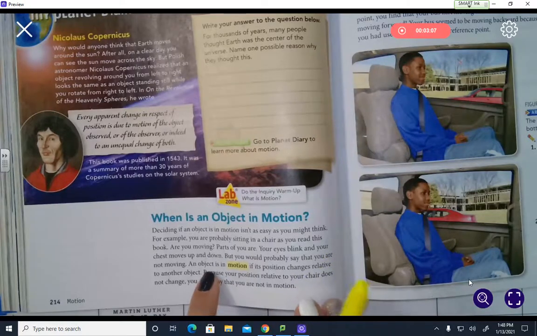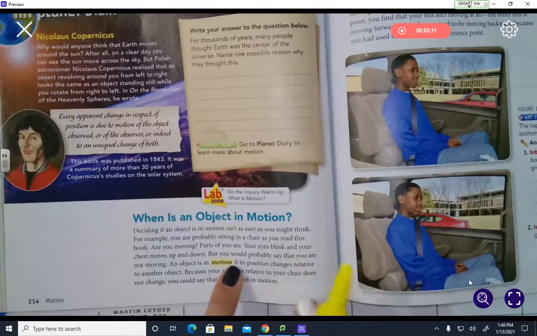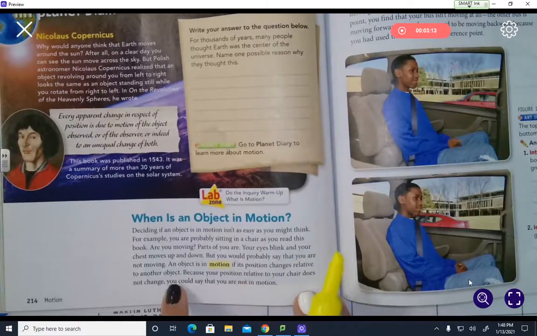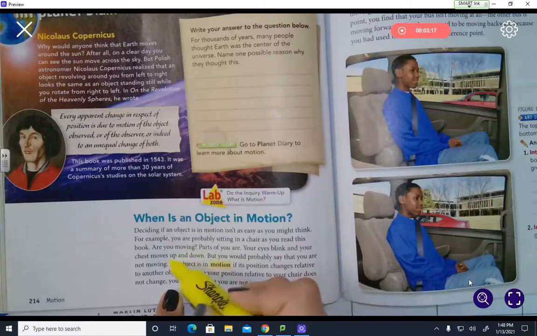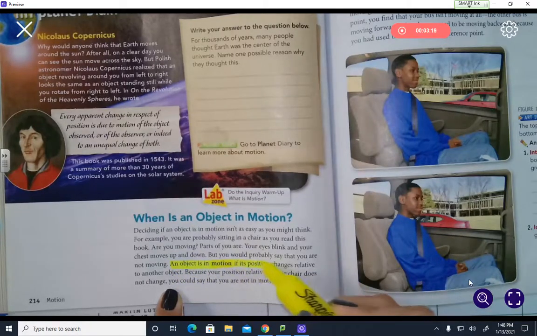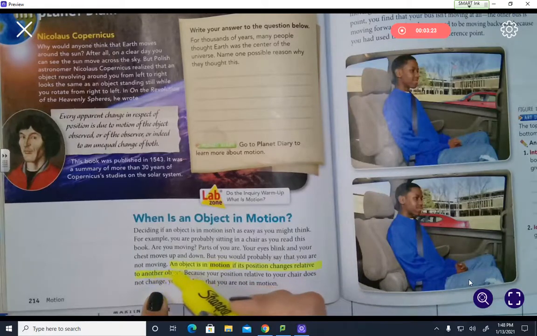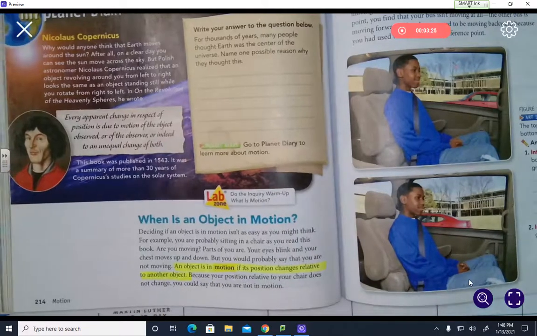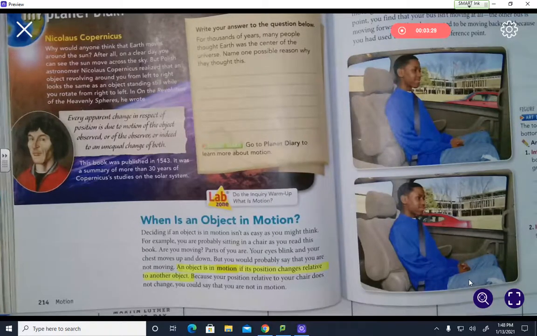An object is in motion if its position changes relative to another object. I want you to highlight that sentence. An object is in motion if its position changes relative to another object. Because your position relative to your chair does not change, you could say that you are not in motion.